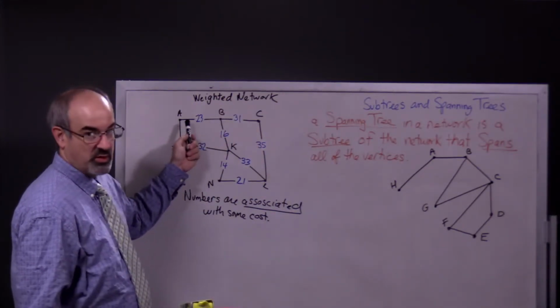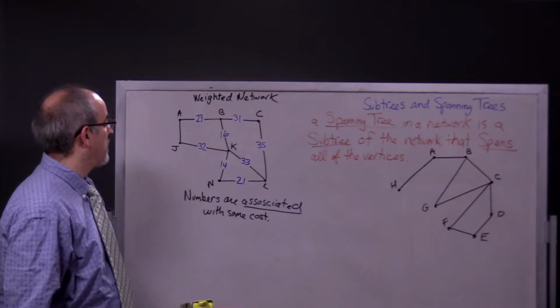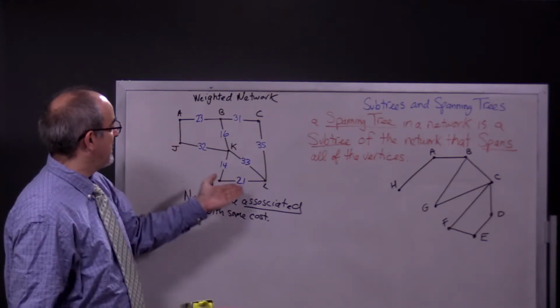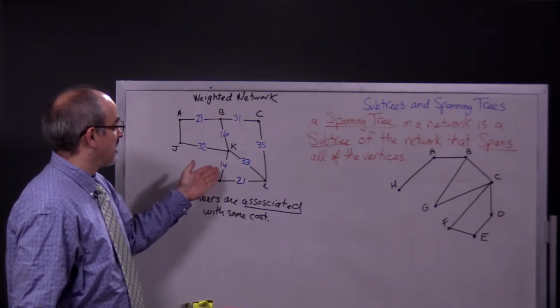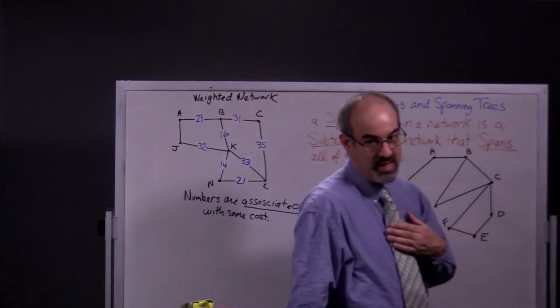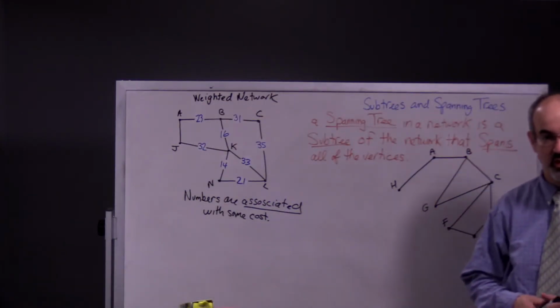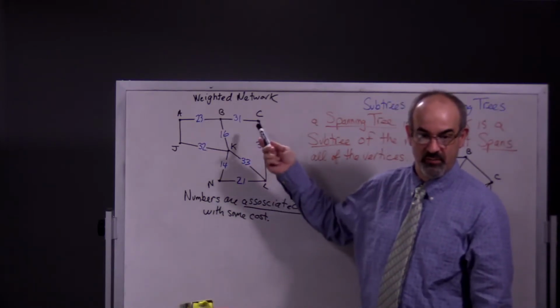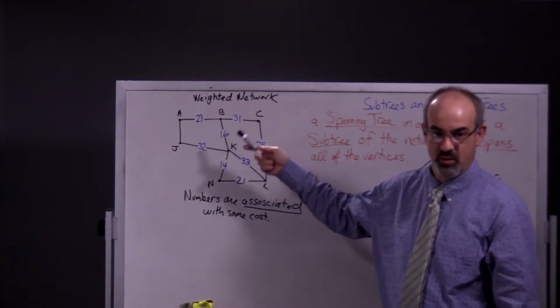It costs to lay a cable from A to B. Well, if these were actual cities, do you really need all that redundancy? Can't you just make this a tree and get rid of some of the edges? The answer is yes. You might want redundancy for some reason, but if you can save hundreds of millions of dollars, you're going to try to make this into a tree.